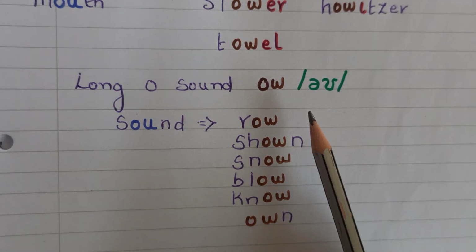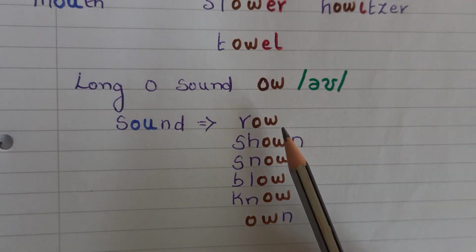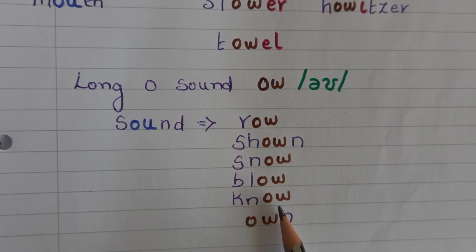Can you see how I have sounded? I am not sounding this OW as ow. Here I am using the long O sound. Snow, blow, no. Here K is silent. Own.